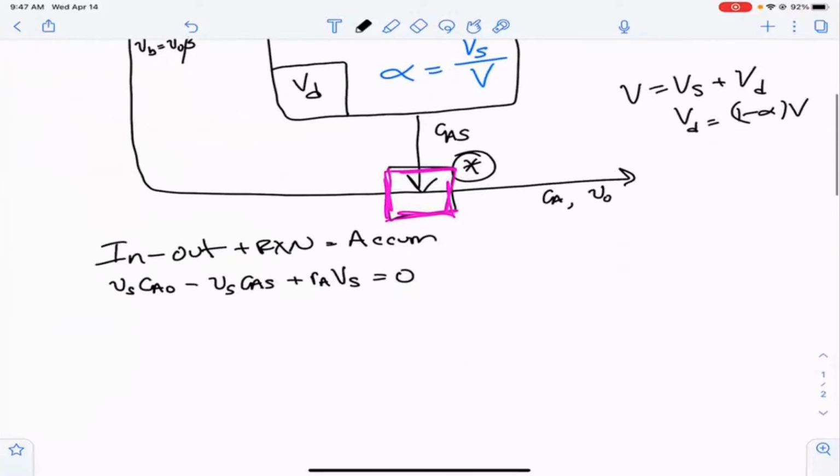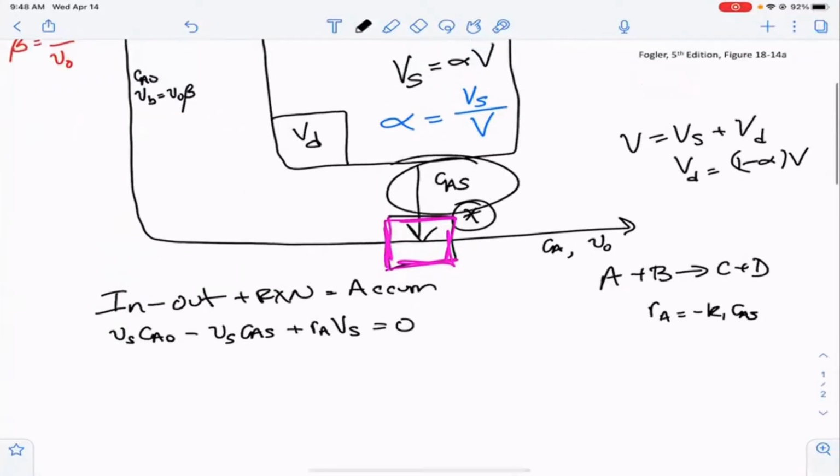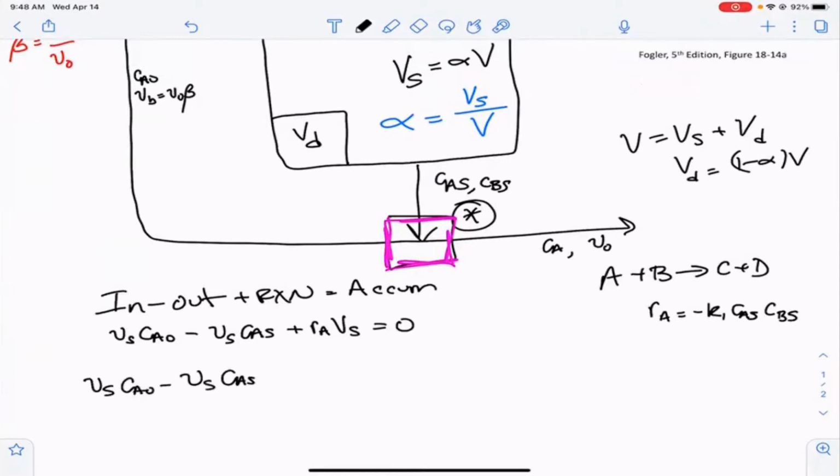Now we know from our reaction, we have A plus B goes to C plus D. If that's elementary, then of course RA is just equal to minus K1 times CAS times CBS, the same concentration that's leaving the reactor and the concentration of B that is leaving the reactor. Okay, so we can plug that into our equation, and we know that VS times CA0 minus VS times CAS minus K1 times CAS times CBS times VS is equal to 0, okay?